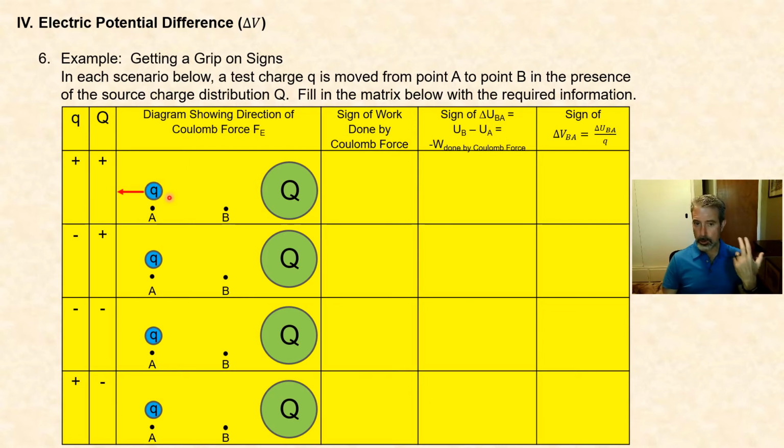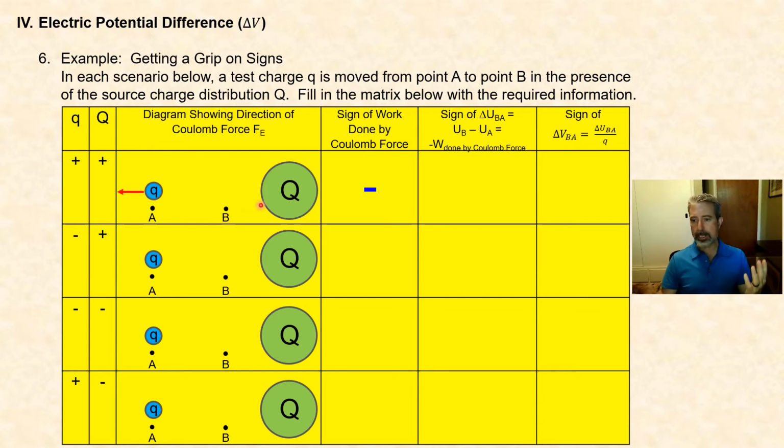So let's think about it. If we want to move this charge from point A to point B, notice that the Coulomb force will be opposite the displacement, in which case we've got that cosine of 180 degree factor when we evaluate the work, and the sign of the work done by the Coulomb force will be negative.